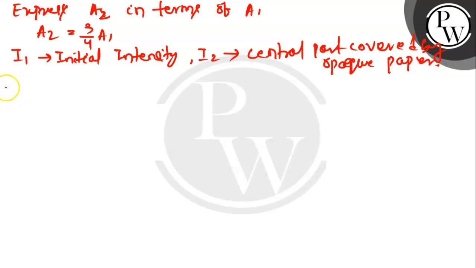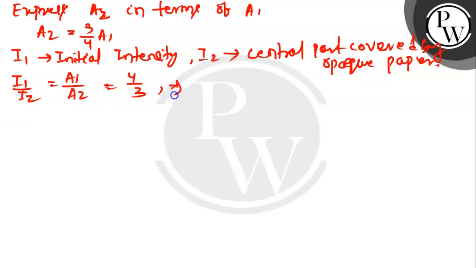Okay, so that is I1 by I2 is equals to A1 by A2. So substituting A1 and A2 in the above relation and cancelling out the similar terms, we have I1 by I2 is equals to 4 by 3.